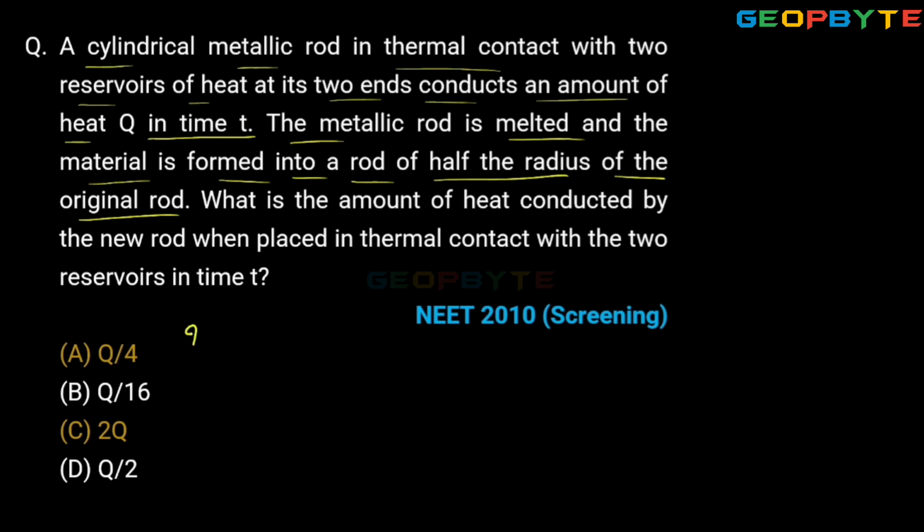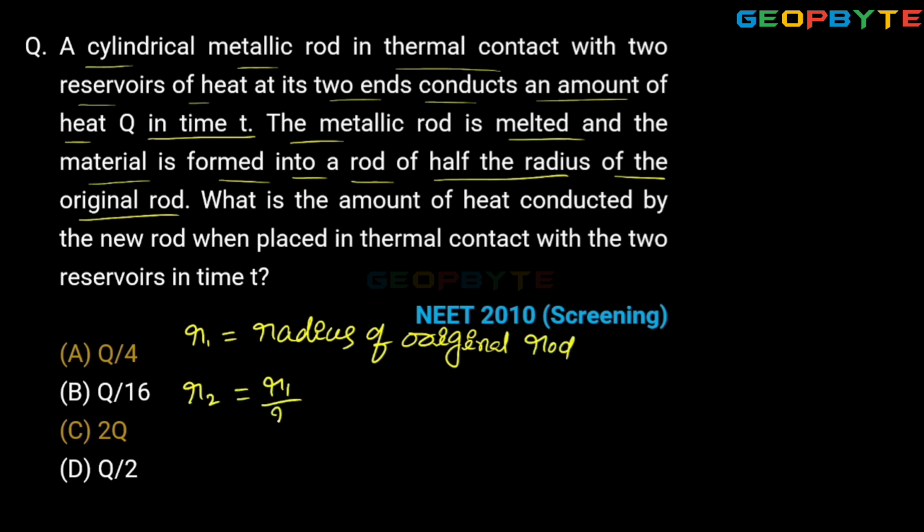If I assume R1 be the radius of the original rod, then R2 equals R1 by 2 according to the given condition, because the final radius of the rod is half of the original radius.